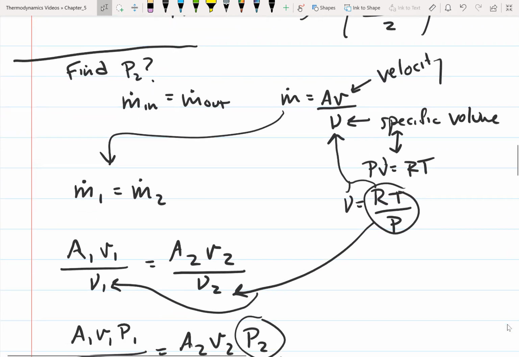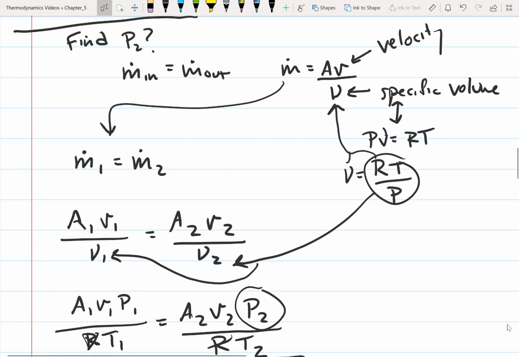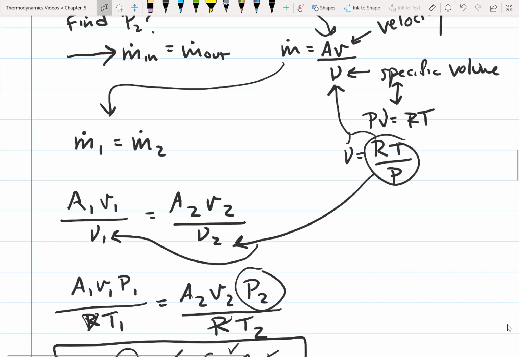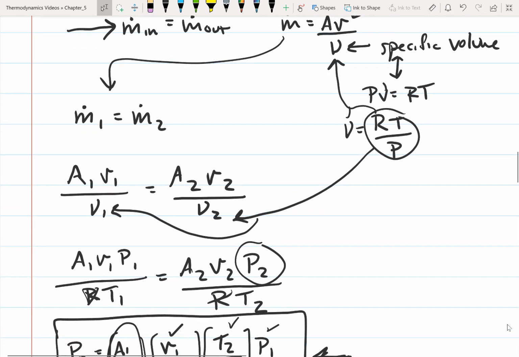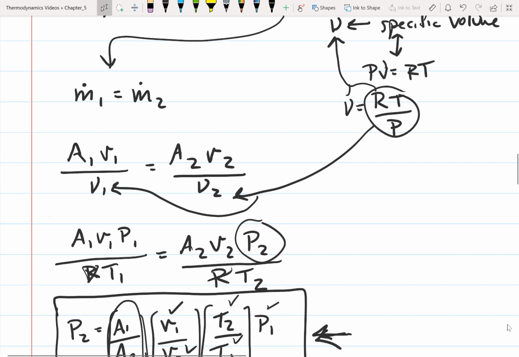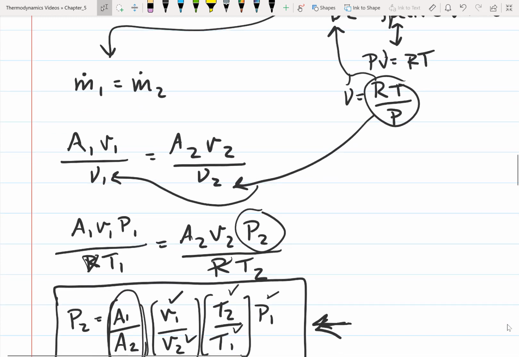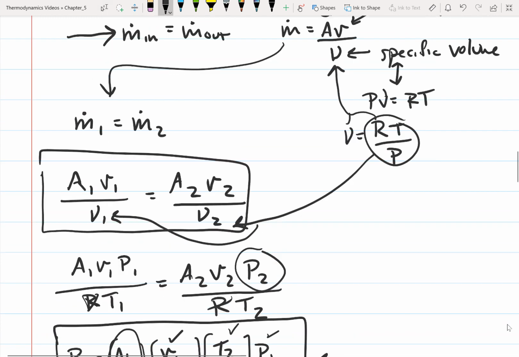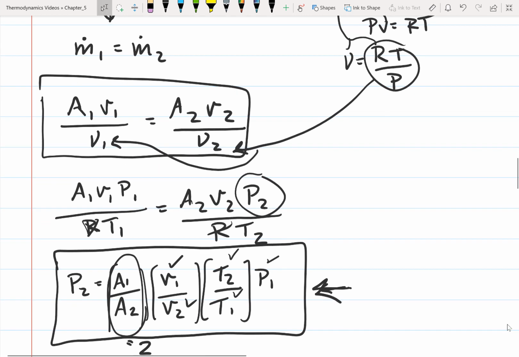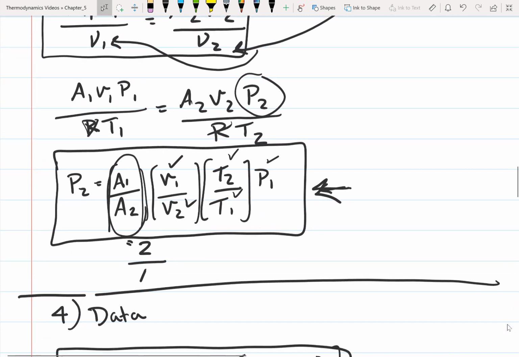And then we found P2 by using this assumption that our mass flow rate in is equal to the mass flow rate out. We know that the mass flow rate is equal to the area multiplied by the velocity divided by the specific volume. And we were able to calculate the specific volume from the ideal gas law because we assumed that this was an ideal gas. So then we could write this relation where the only unknown was P2. So then we could solve for P2.